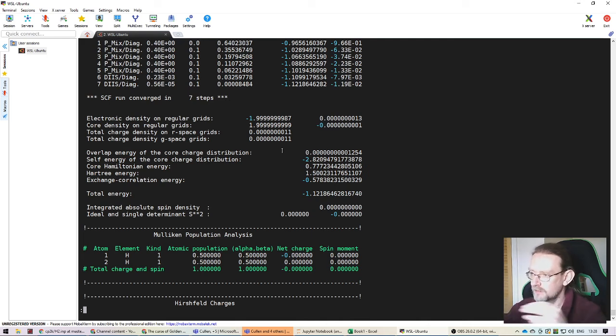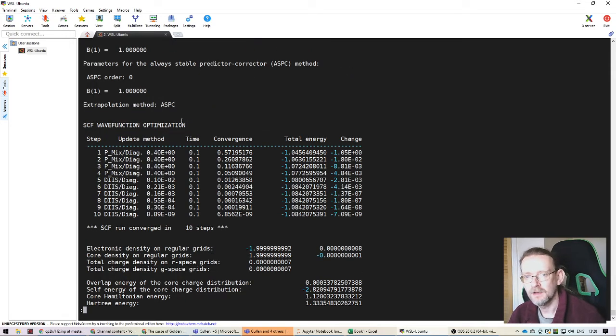Of course, if they're in a situation where they're closer to each other, then the densities will adjust to feel the other atom, and that's what it's doing here when it's moving that down.